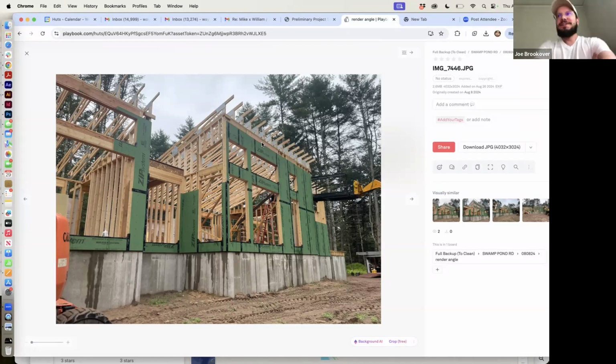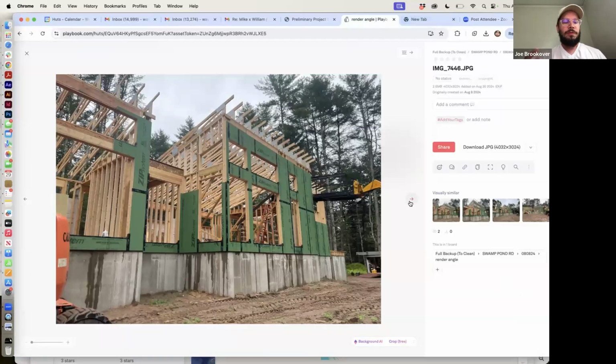Again, another unique aspect of this project is that the owner is actually acting as their own general contractor. So the main framer, the main contractor we're working with on the site, has a relationship with a lot of subcontractors, all hired directly by the owner.